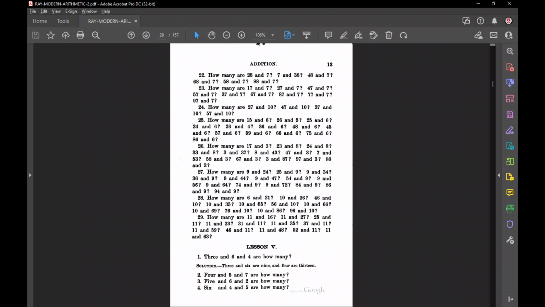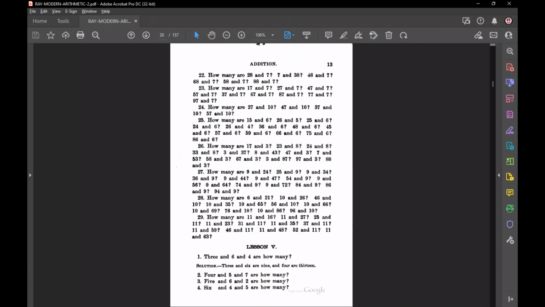You see, they don't just yell out an answer. They give a solution. All right? So just read the solution for me. I'm going to ask the question. Ready? 3 and 6 and 4 are how many? Read the solution out loud. 3 and 6 are 9, and 4 are 13. That's how the question is to be answered. That's the solution.